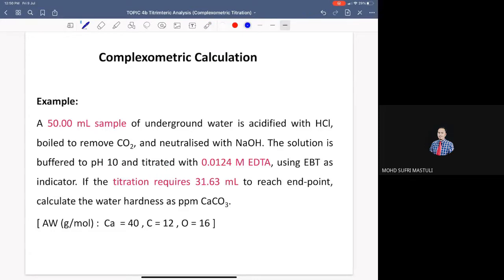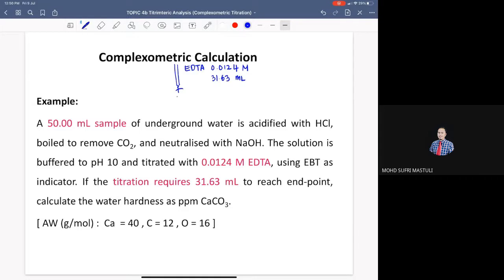So the titrant in the burette is EDTA with a concentration of 0.0124 molarity, and it requires 31.63 ml to reach the endpoint.